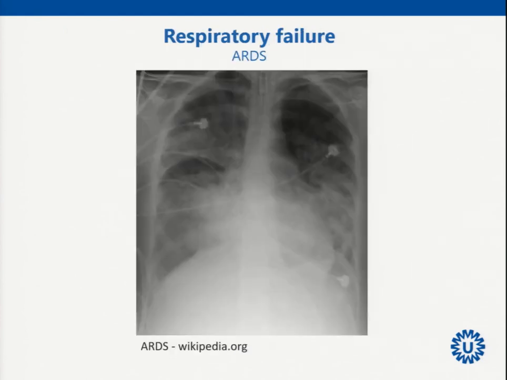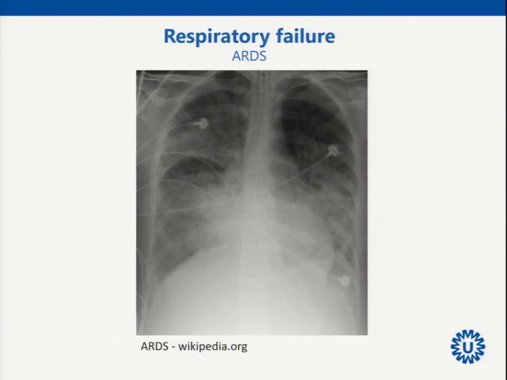So VV. VV is intended especially for, and that comes from the CESAR trial, refractory ARDS, refractory to conventional mechanical ventilation. And the problem is that we still do not know what the right indication is for VV.